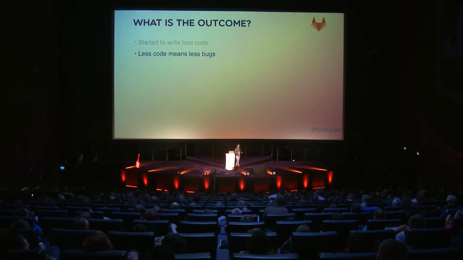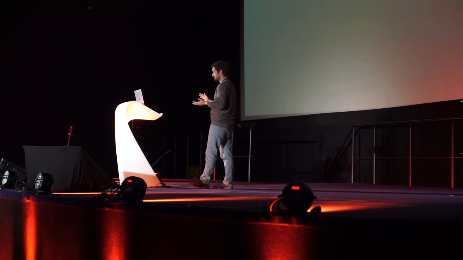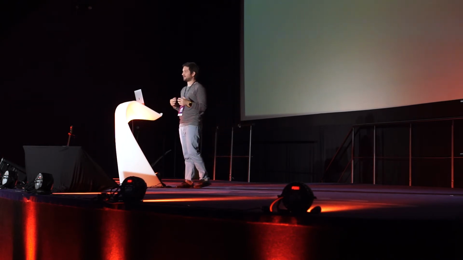Less code means hopefully fewer bugs, and the bugs were easier to fix because our logic was only in the component, not in the template. It was just the logic. You just update the data, and Vue takes care of the rest. So you don't need to find this form element or do this or that. You just change the data, and Vue knows how to re-render the template.